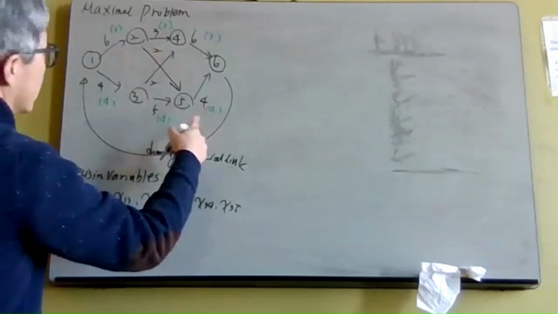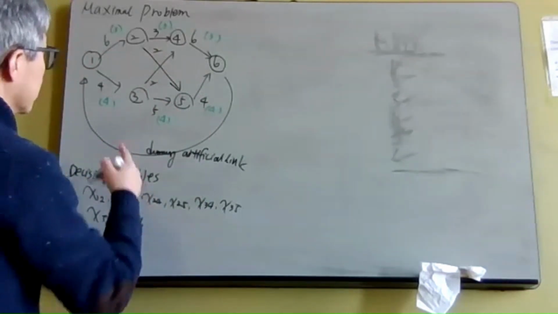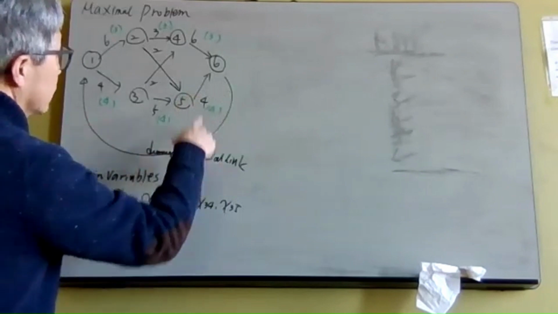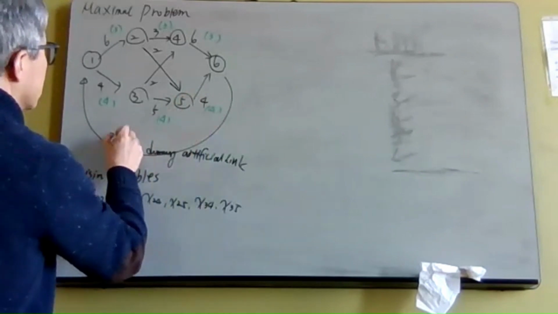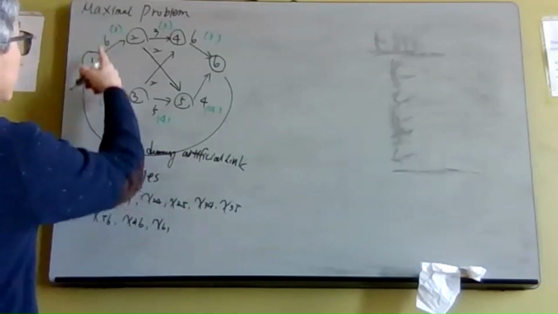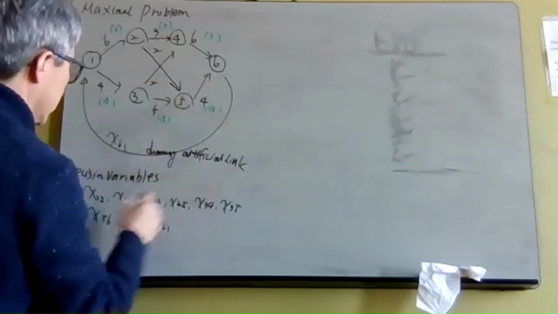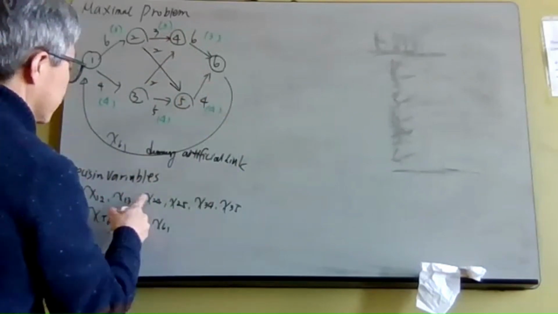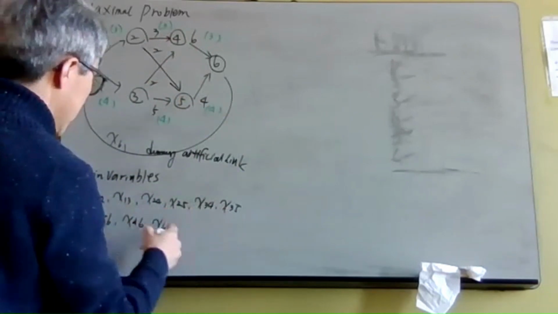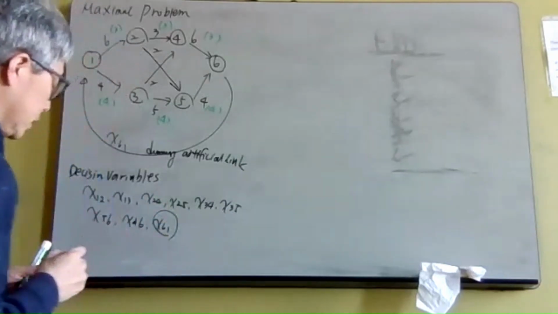The number of arcs is the number of decision variables. Actually we have another dummy artificial link, which is x61. So we have 9 decision variables: 1, 2, 3, 4, 5, 6, 7, 8, 9. So x61 is the dummy link.